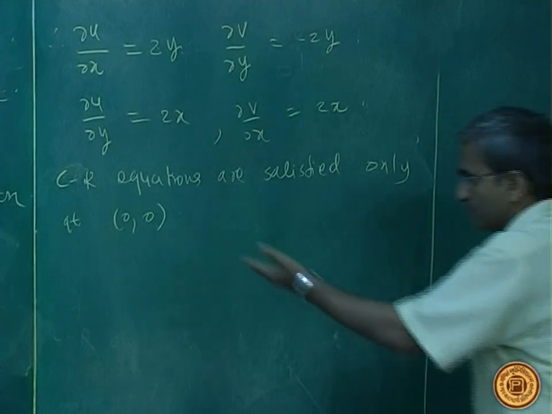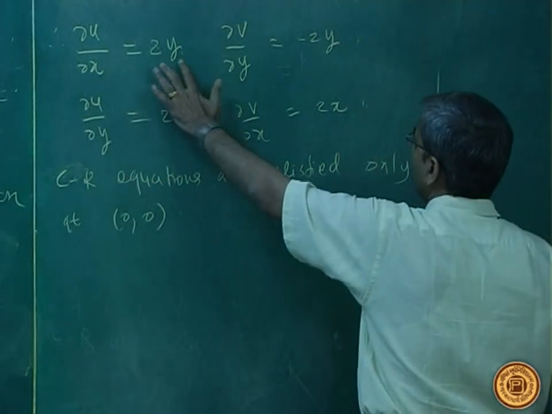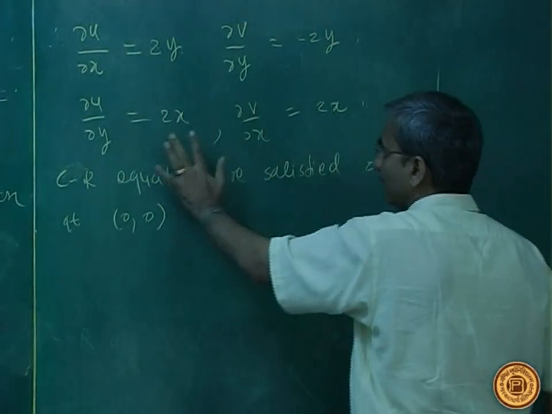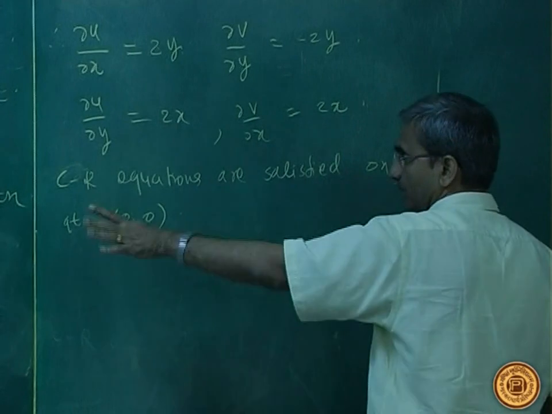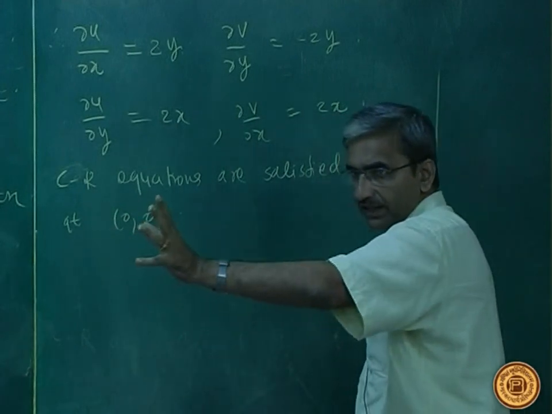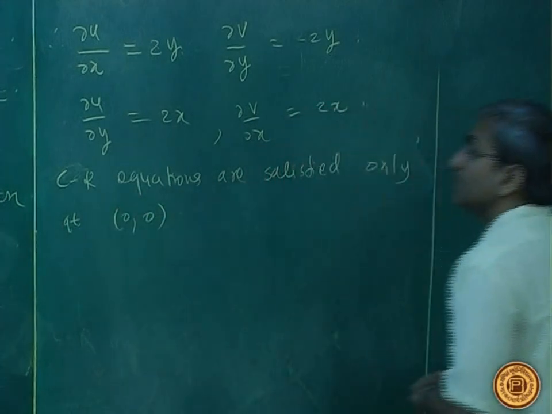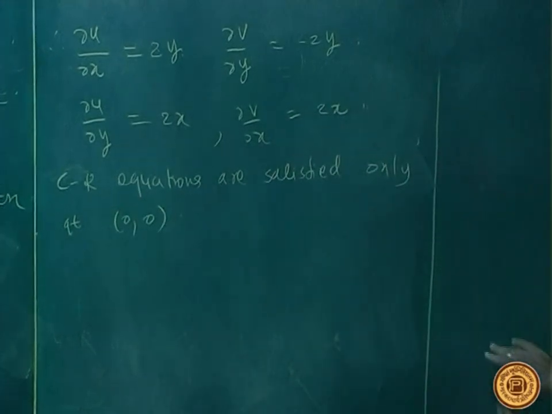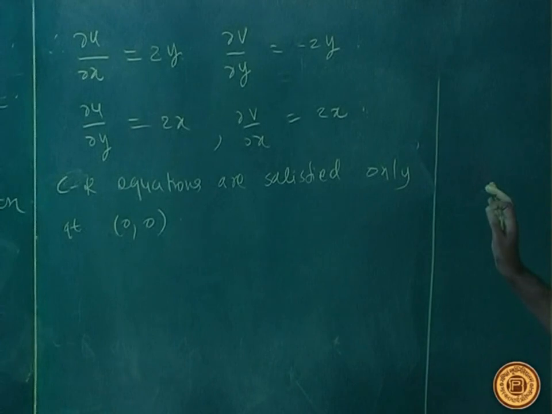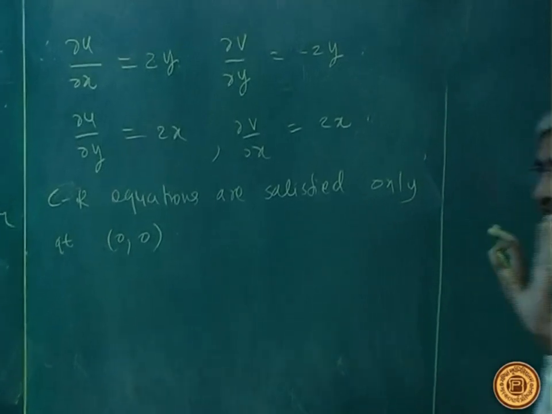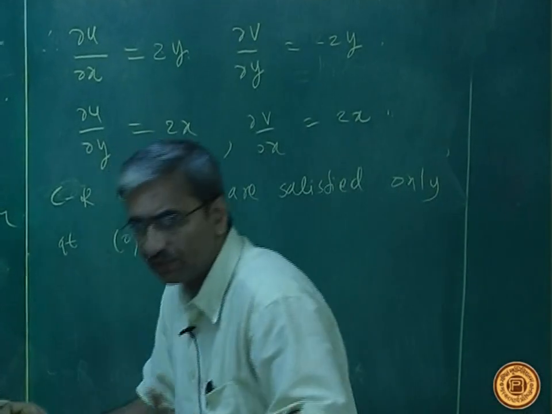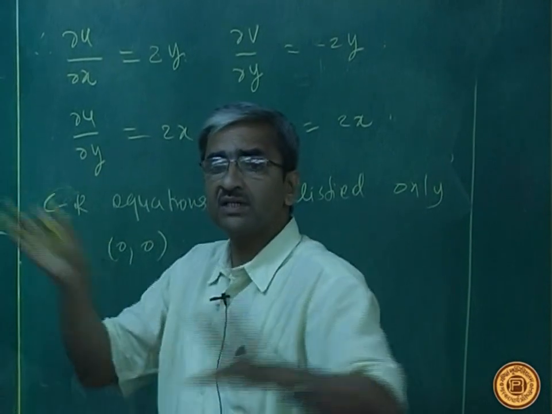Because Cauchy-Riemann equations force that 2y equal to minus 2y, so y must be 0. 2x equal to minus 2x, so x must be 0. So only at x equal to 0, y equal to 0, that one point, the Cauchy-Riemann equations hold. So at all other points f is non-differentiable. Points where Cauchy-Riemann equations are not satisfied, function cannot be differentiable.